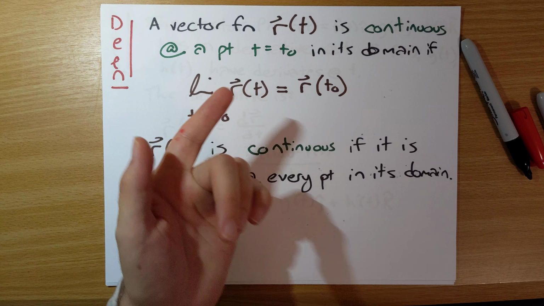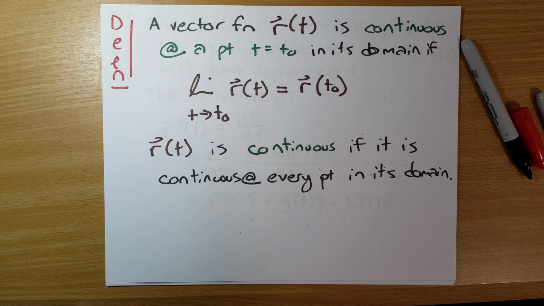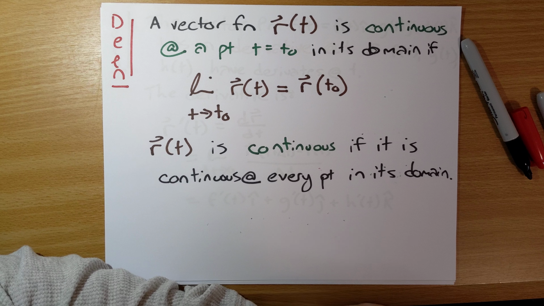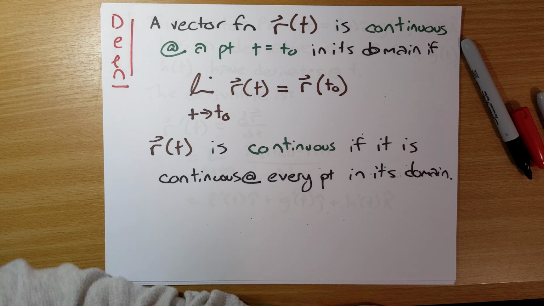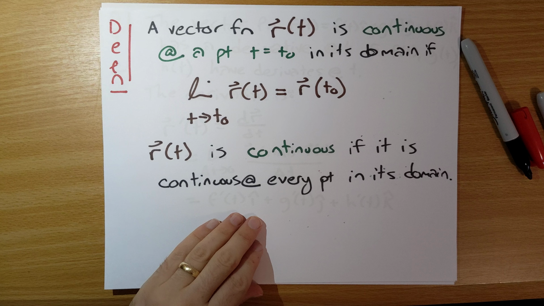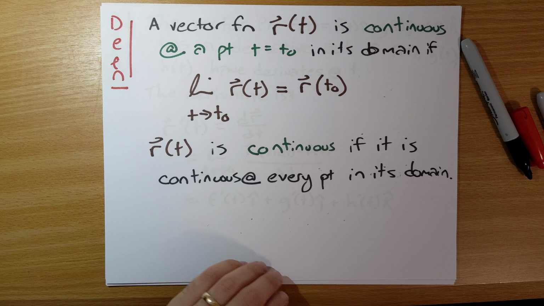It's if the limit of the vector-valued function is equal to the vector-valued function evaluated at the t naught value in question. Again, this is exactly the parallel definition to continuity that we should expect from Calculus 1. r of t is continuous if it is continuous at every point in its domain.